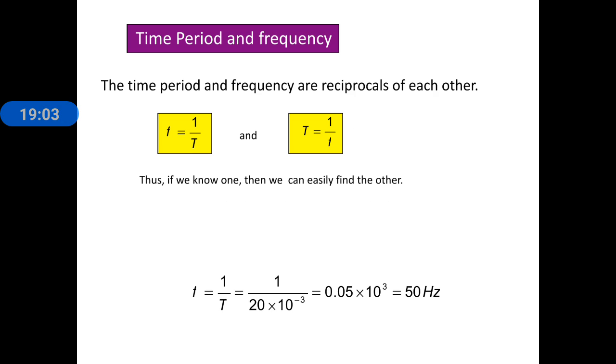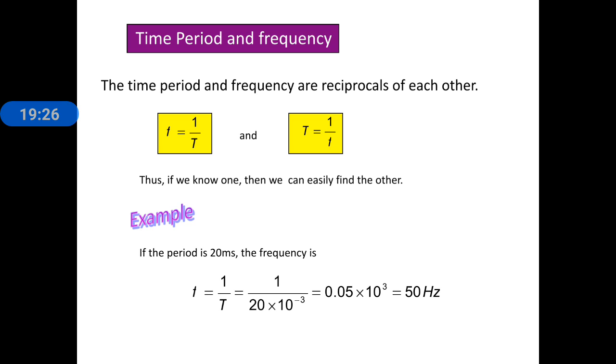So time period and frequency are reciprocal of each other. So if you know the time period, then the frequency equals 1 by time period. And if you know the frequency, we can calculate the time period. So T equals 1 by F. Here one example is given.